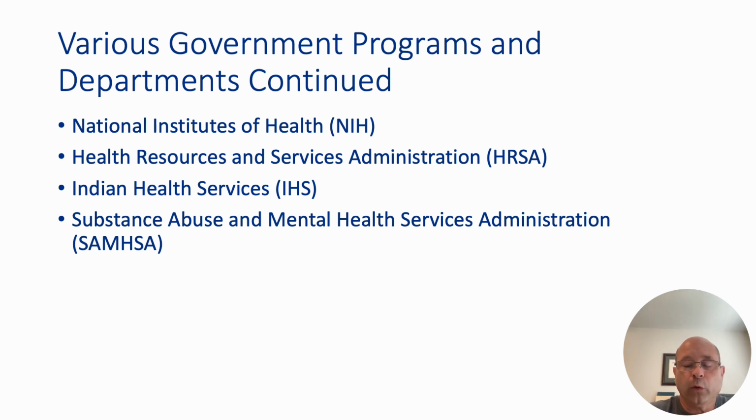It currently has 22 institutes and centers that focus on different diseases and conditions, including things such as cancer, heart and lung disease, aging, alcoholism, substance abuse, children's diseases, mental health. It's got a pretty broad scope when it comes to looking at various illnesses and diseases and methods and things that we can do to get ahead and to cure.